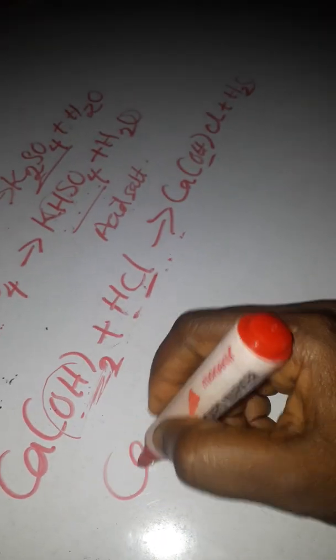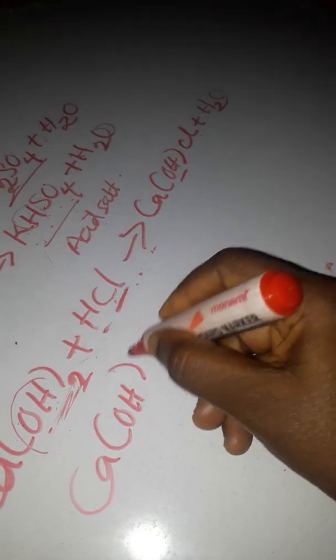Now this basic salt is called calcium hydroxyl chloride, and it can still undergo further reaction to form a normal salt.